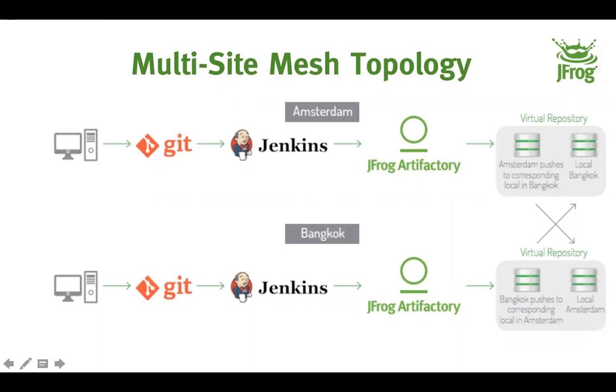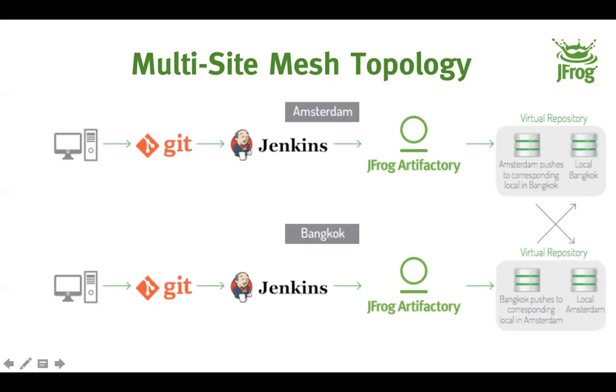Now, in order to make it very simple, we are creating two repositories for the two locations at every site. Whatever goes in Amsterdam local is pushed to Bangkok, and Bangkok has a local repository in the name of Amsterdam. Similarly, Amsterdam has a local repository in the name of Bangkok.